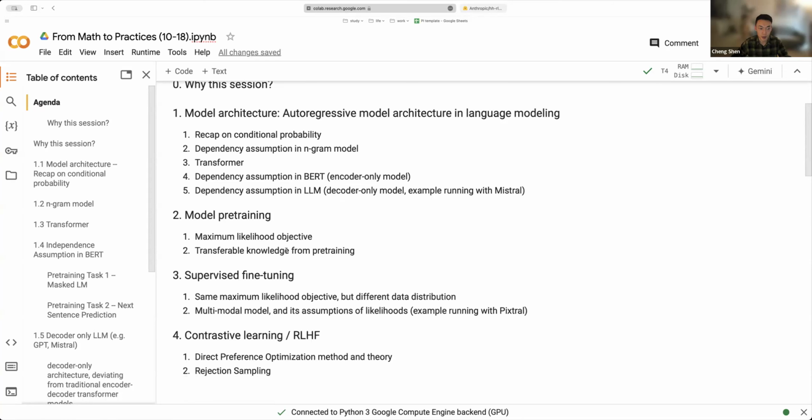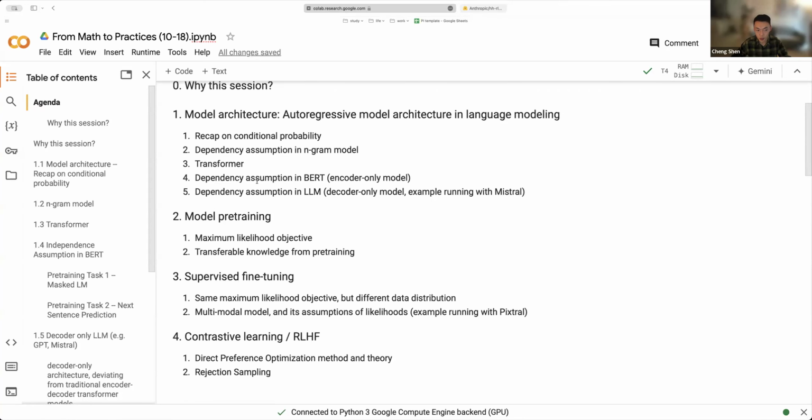The model pre-training continues from this part. So we use the maximum likelihood objective to train the large language model, and this would be natural and straightforward.